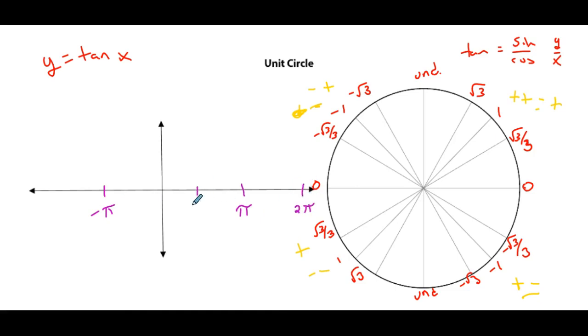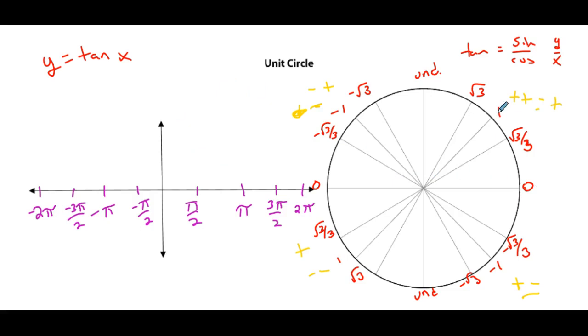If we want to continue with those, so pi over 2, 3 pi over 2, negative pi over 2, negative 3 pi over 2, and negative 2 pi.